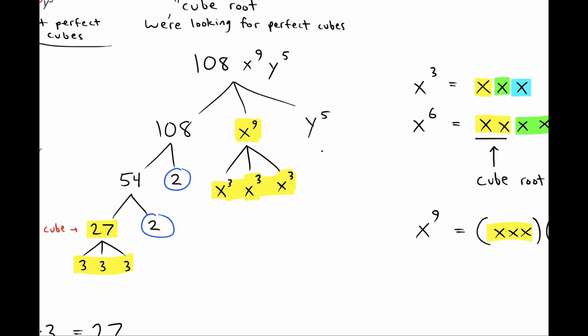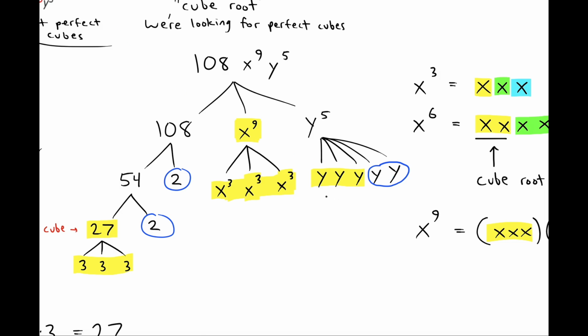Y to the 5th is not a perfect cube, but it has a perfect cube inside of its factorization. I'll break him up into 5 y's, some of which come in a triple, but others do not.